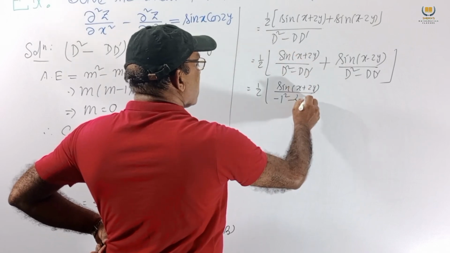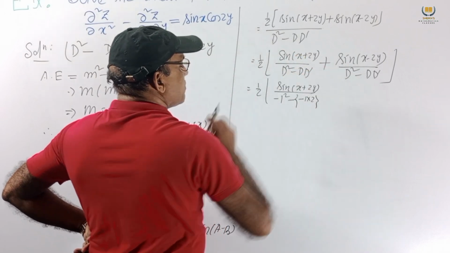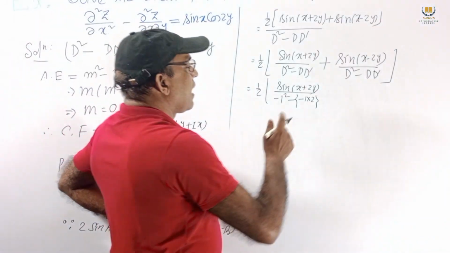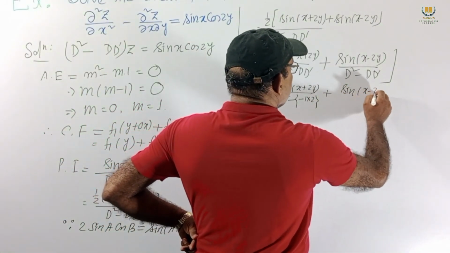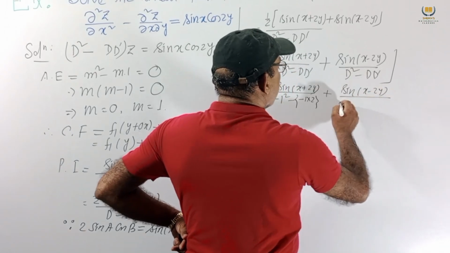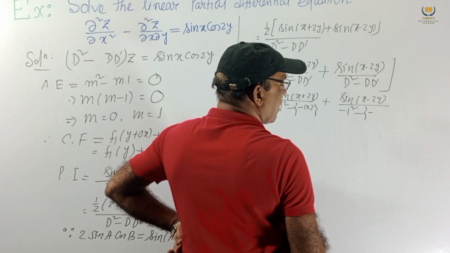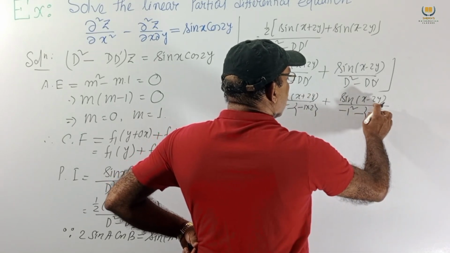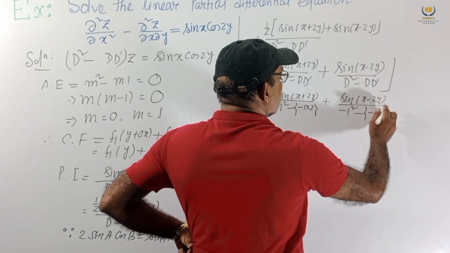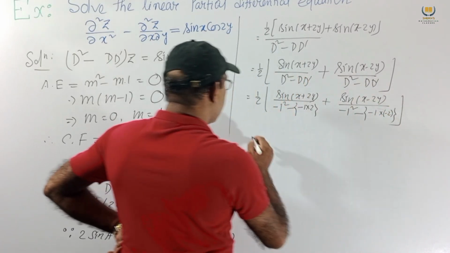D means 1 and D dash means 2, the coefficient of y; in place of D dash we put it. And here sin(x minus 2y), minus 1 squared. D means 1 and D dash means minus 2. We get this one.